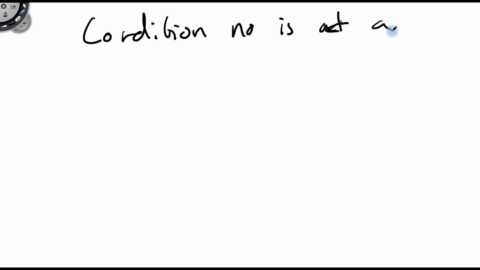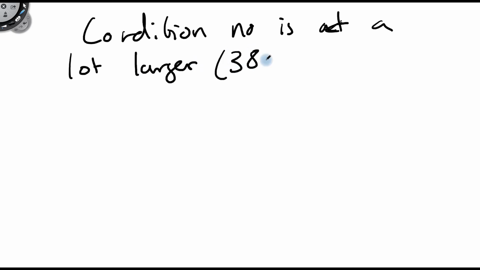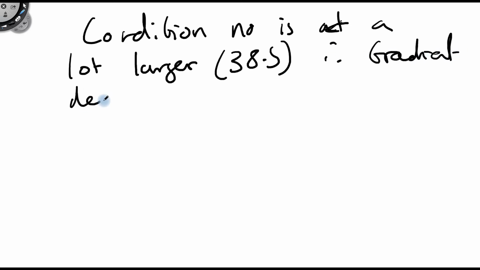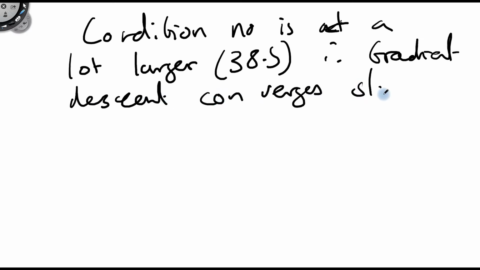So the condition number is a lot larger now, larger than that near symmetrical case, 38.5. Therefore, the gradient descent converges slowly.